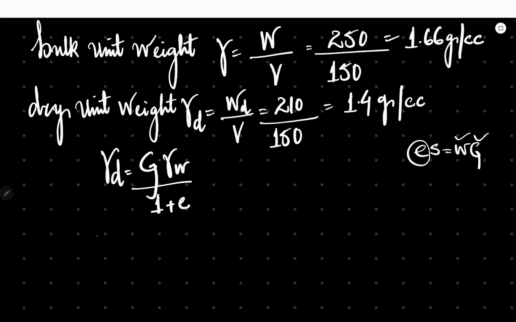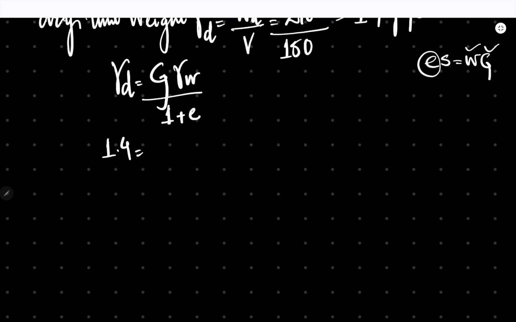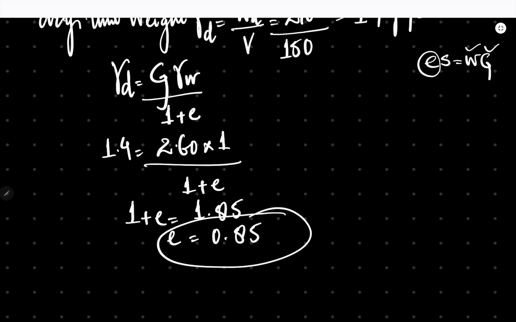This is 1.4, already calculated. G, as per the question data, is 2.6. Unit weight of water is 1 gram per cc, divided by 1 plus e. 1 plus e becomes 1.85. That means e becomes 0.85. So now we have the void ratio.